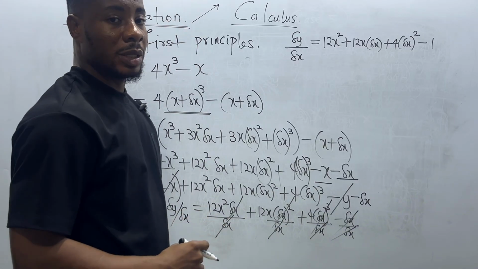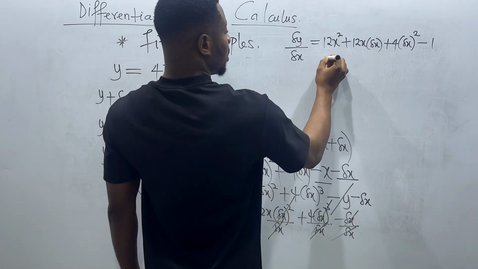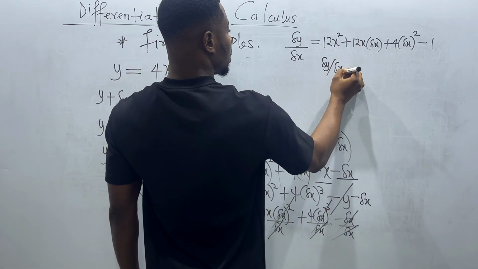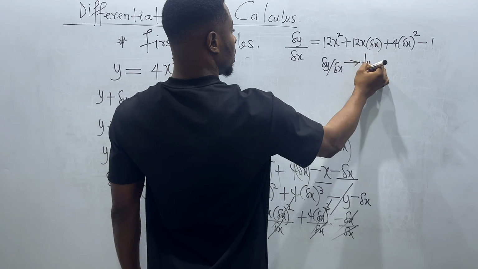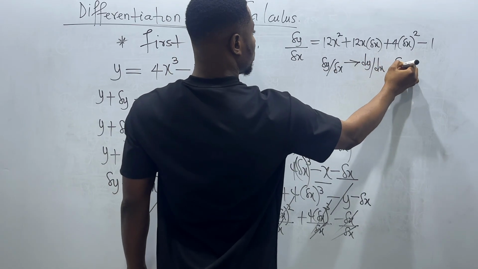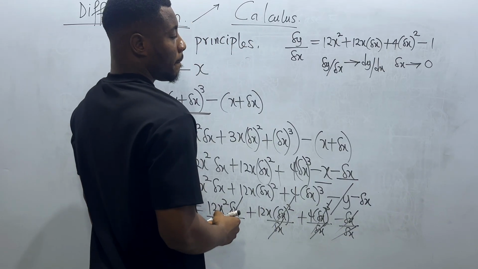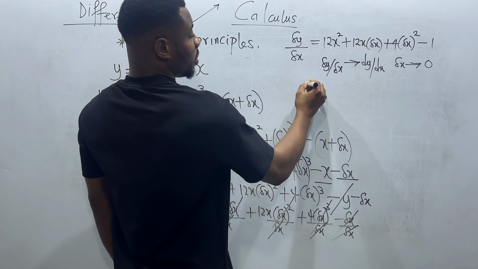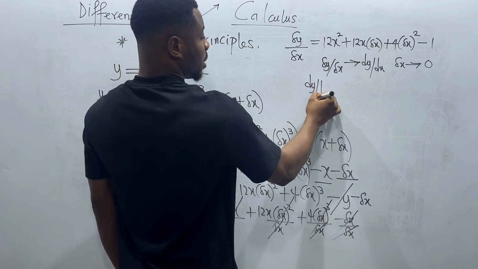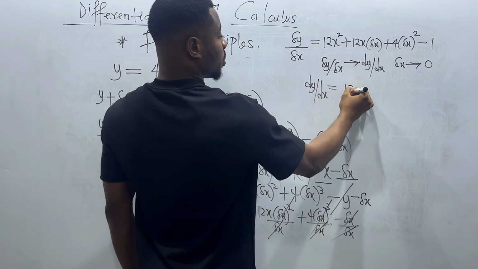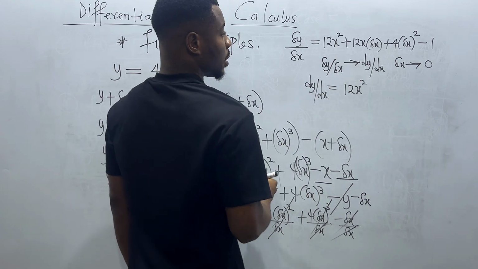At this point, you can take limit, okay? You can take limit as change in y over change in x tends to dy over dx. Also, change in x tends to 0, okay? So this means that we can now say finally that dy over dx is equal to 12x squared, okay?